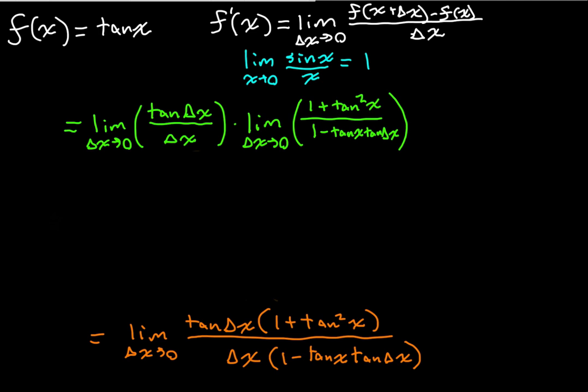Okay then, so where is this all going? Well, there's another interesting identity that isn't really related to limits, but is also going to be used. This is one of the Pythagorean identities that says that tangent squared of x plus 1 is equal to the secant squared of x, or 1 over cosine squared of x.